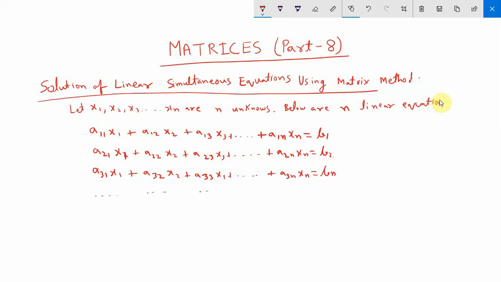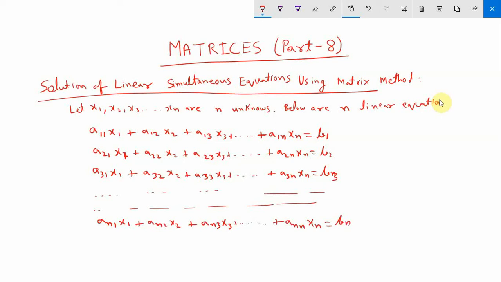Similarly, there will be other equations. We will write the last equation. So the last equation is an1x1 plus an2x2 plus an3x3, and the last one will be annxn equal to bn.